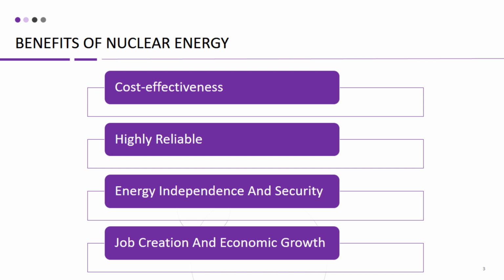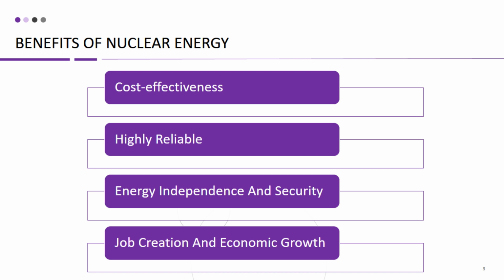This means that nuclear power can provide a consistent and predictable source of electricity to meet the demands of industry and consumers alike. Additionally, nuclear energy has a very low cost of fuel, as the uranium used in nuclear reactors is relatively cheap and abundant compared to other fossil fuels. Another advantage of nuclear energy is its contribution to energy independence and security.